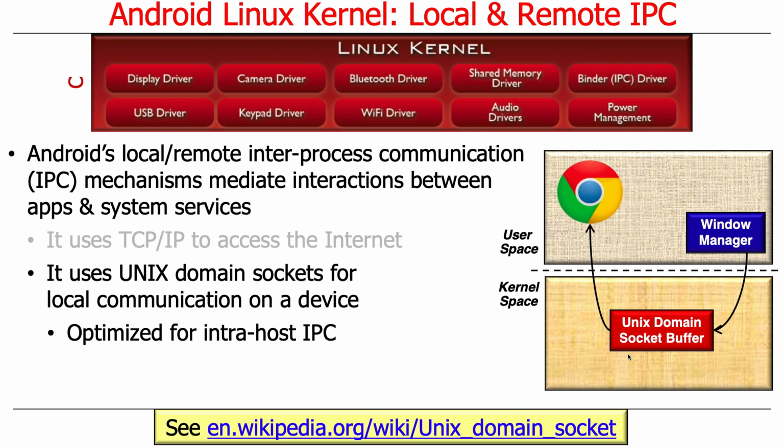This protocol is optimized for intra-host interprocess communication. And all that just means that when the processes run on your mobile computing device, for some things it's using Unix domain sockets.